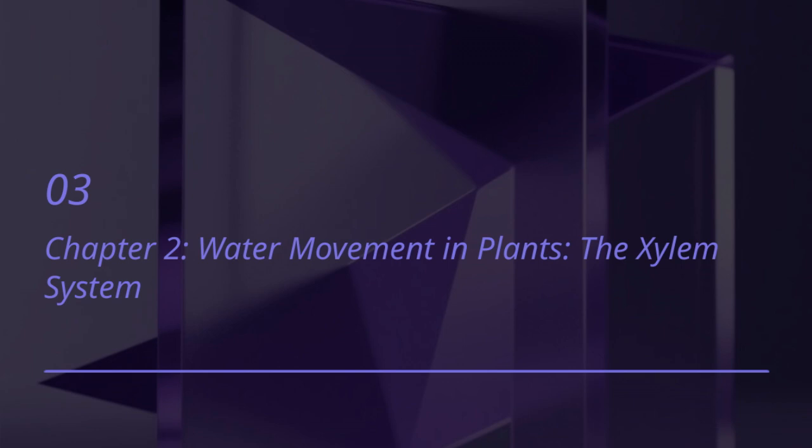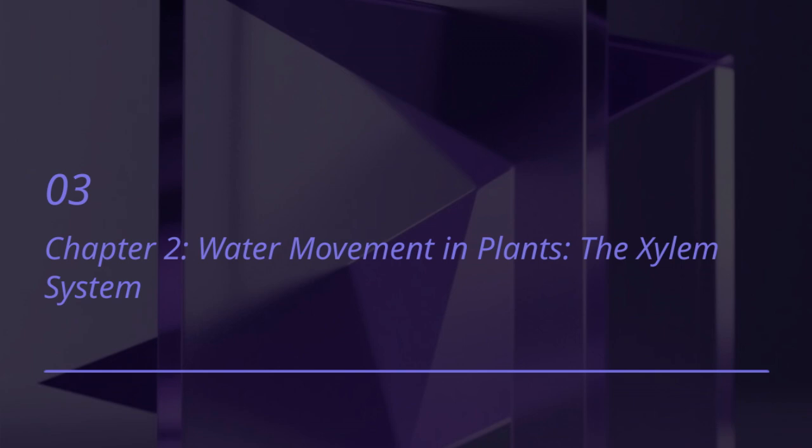Cohesion keeps the water column intact, while adhesion helps water stick to the walls of the xylem vessels. Understanding this system helps us see how plants efficiently manage water intake and distribution, which is vital for photosynthesis and overall health. It also highlights the elegant ways plants adapt to their environment to ensure their survival.